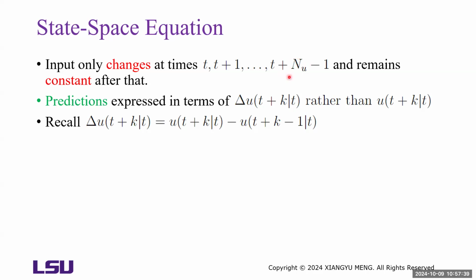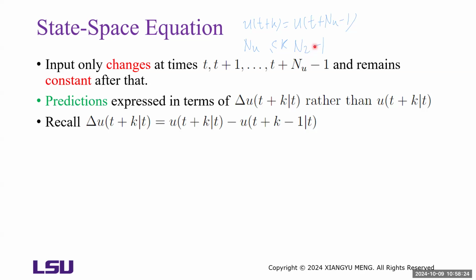Nu here is the control horizon, and the control input will remain constant after that, so that we have u(t+k|t) equal to u(t+nu-1|t) when k is between nu and N2 minus 1. And here, N2 is the prediction horizon.